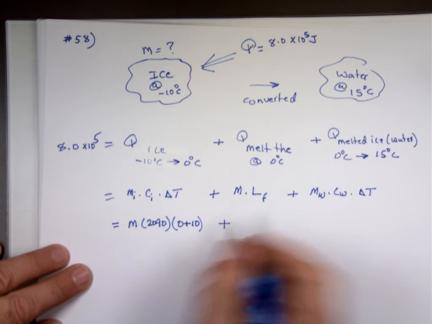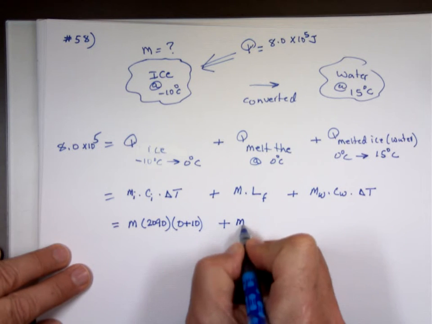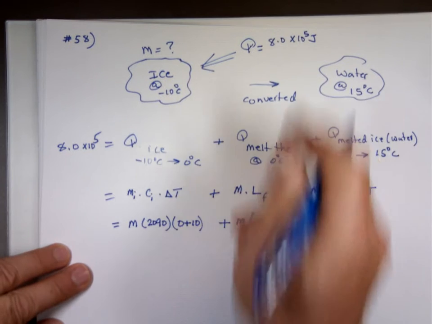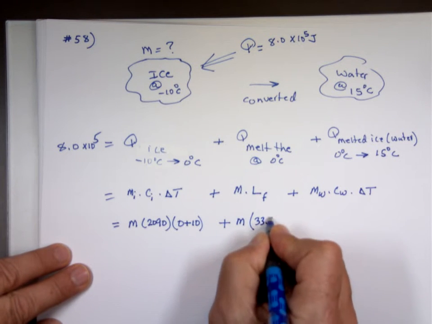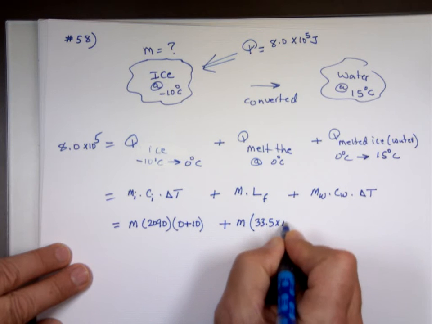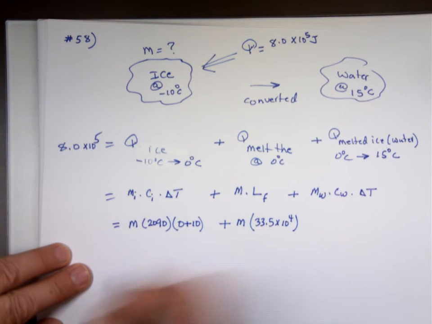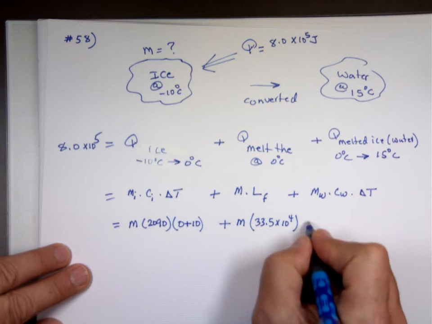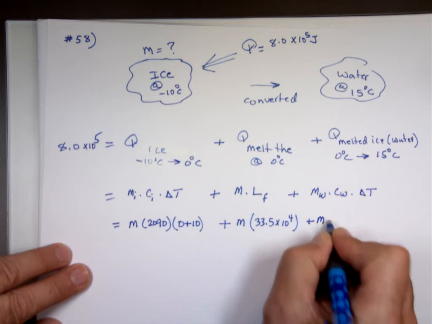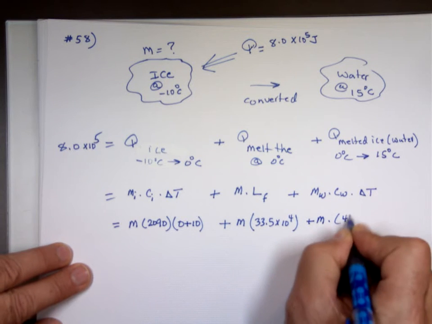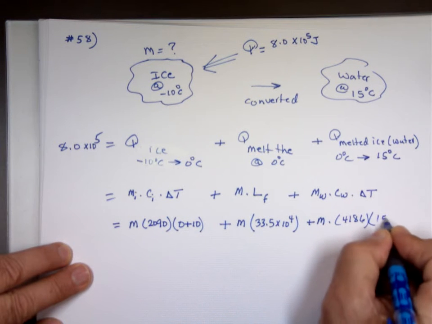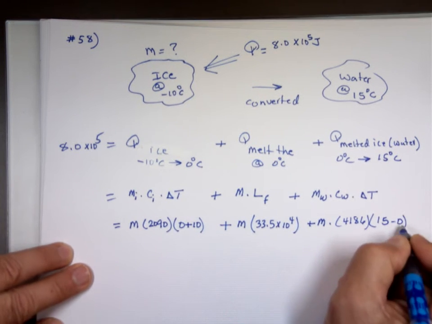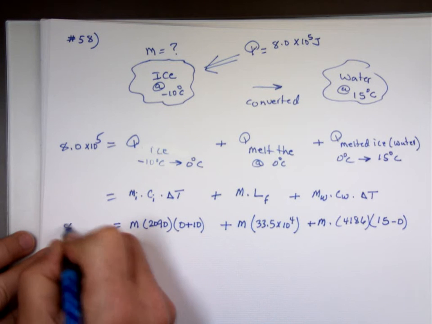The mass of the ice unknown times, we're going to add heat to melted. That's 33.5 times 10 to the 4th. This becomes water, mass of the water. C is 4,186. Final temperature 15 minus the initial, which is 0. All that should equal 8.0 times 10 to the 5th.